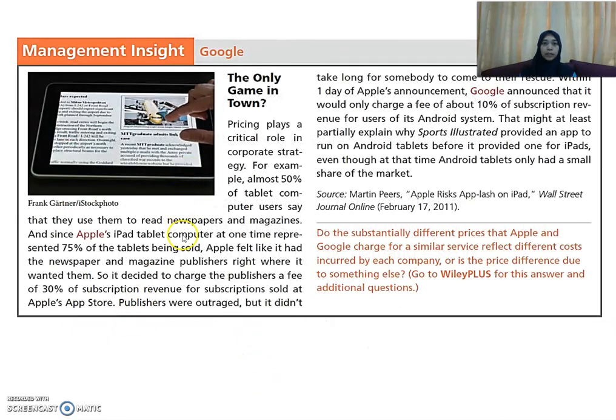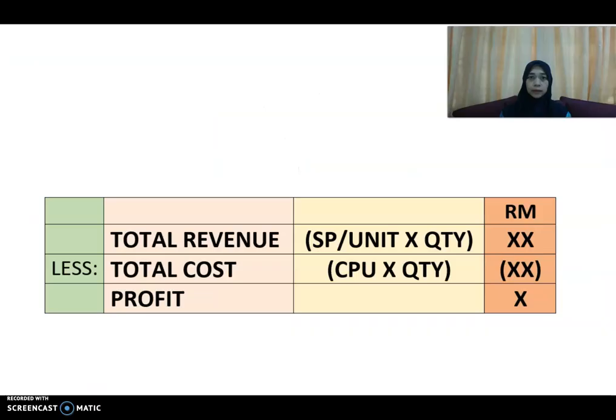To determine the price of a product, the basic idea is based on the total revenue less your total cost. That will give you a profit if you have a positive figure. If you have a negative figure, then that will give you a loss. So how do you calculate the total revenue?